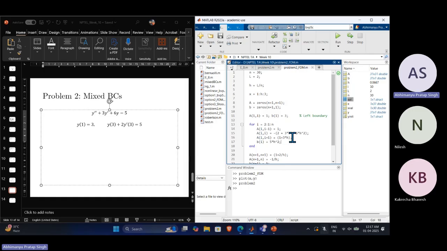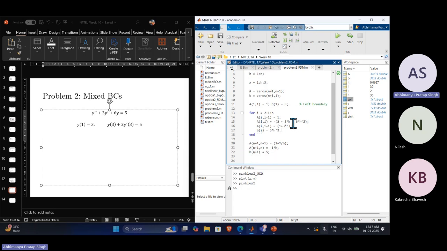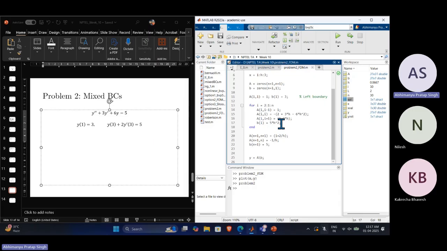This is correct. This is 1 plus 3h, which is correct. Then 2 plus 3h minus 6h square, and minus 2, this is also correct. And these 5h square, that is also correct. The end condition is next.